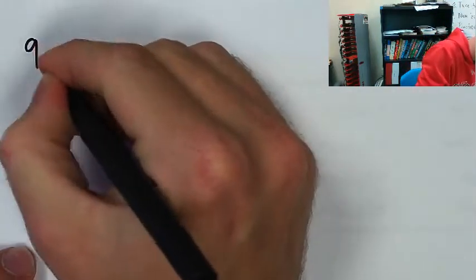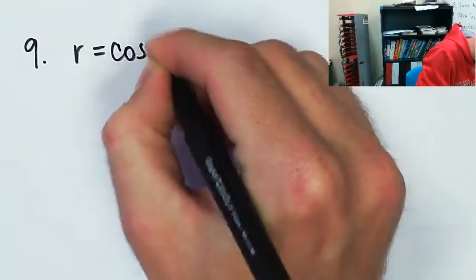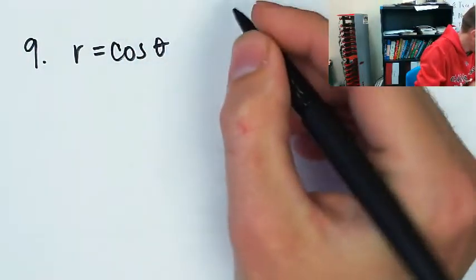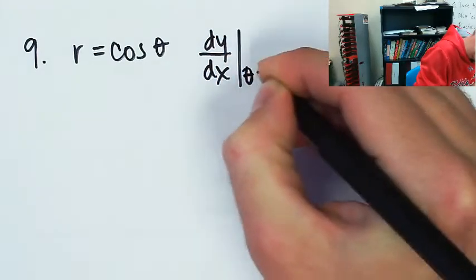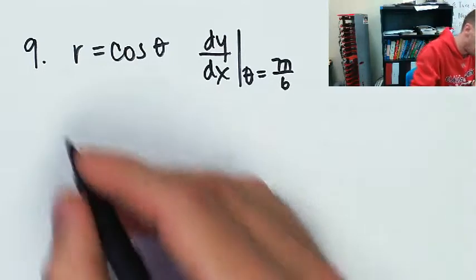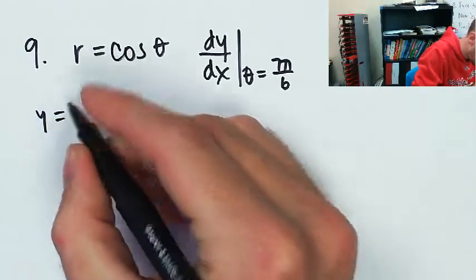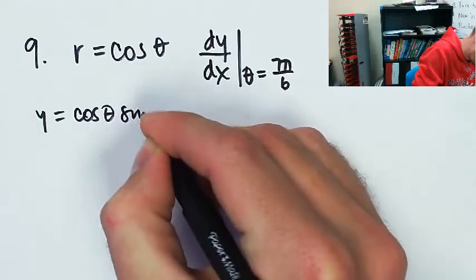Okay, so, number 9. r equals cosine theta. And we want to know dy/dx at 7 pi over 6. All right, so we know it's y prime over x prime, so I need to get y prime. y equals r sine theta, so that's cosine theta sine theta.